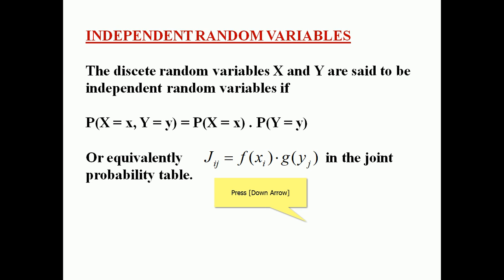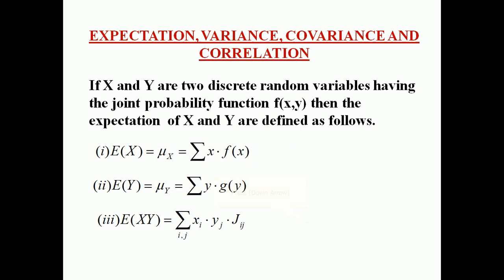If this condition is satisfied, that is jij is equal to f of xi into g of yj, then x and y are said to be independent random variables. Otherwise, they are said to be dependent random variables.